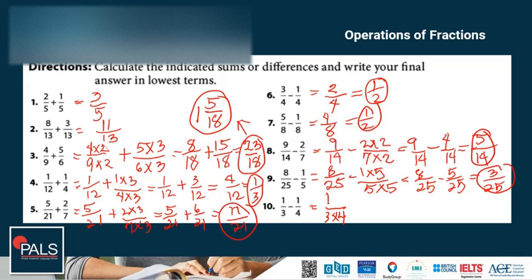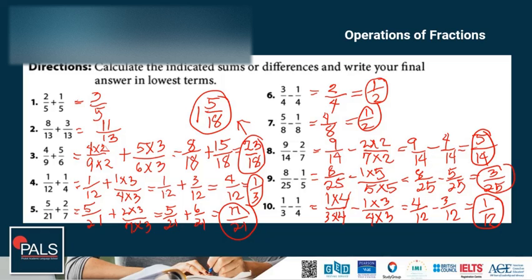We need to multiply the numerator by 4 as well, minus 1 times 3, because multiplying 4 by 3 is the same as 3 times 4. So the answer is 4 over 12 minus 3 over 12. The answer is 1 over 12. How many correct answers did you get?